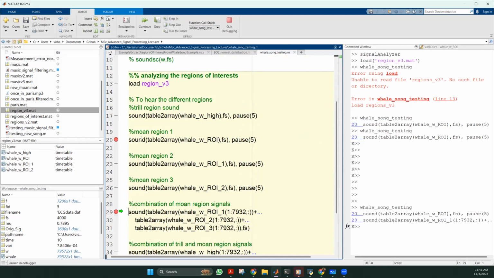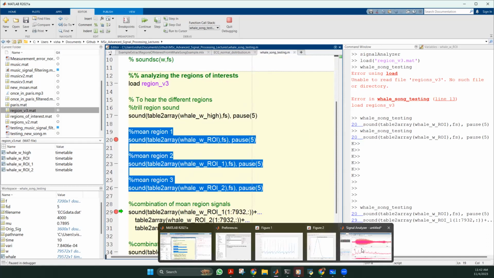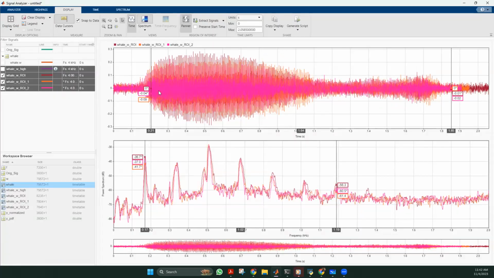In these three components, you must have heard the same sound coming about 3 times: Mon region 1, 2, and 3. Similar sound is coming. Okay, so I hope it is clear to you. Now we discussed in this plot that all those 3 Mon regions are similar, right?